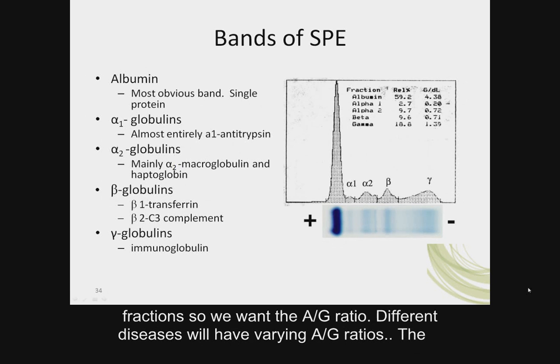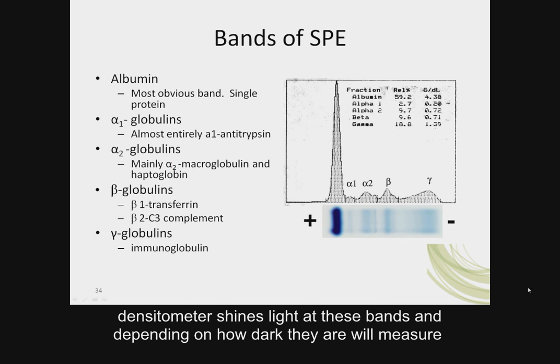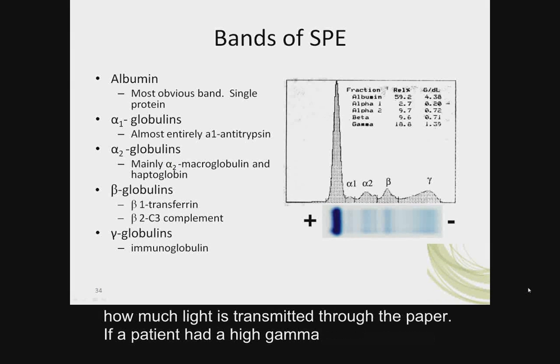The densitometer, this is a machine that can shine light at these bands, and depending on how dark they are, the densitometer will measure how much light was transmitted through those bands. Less light means thicker, darker band, which means more protein.